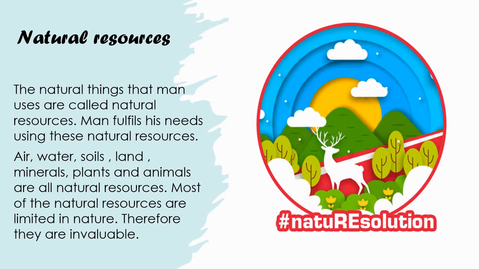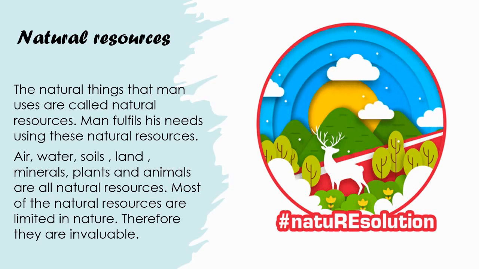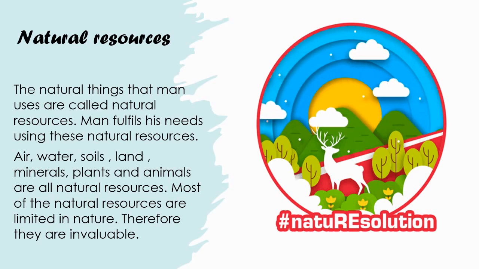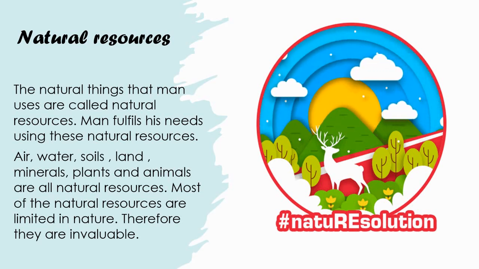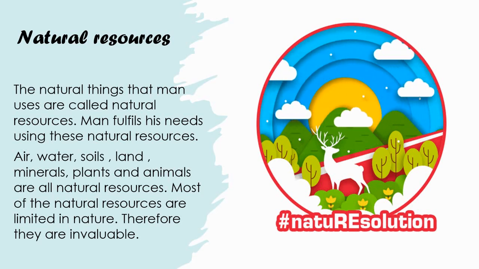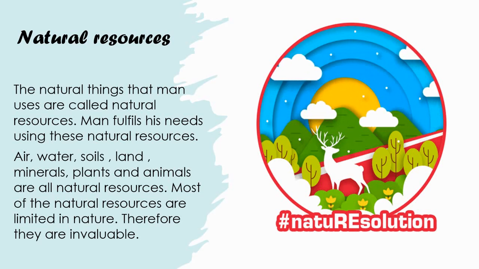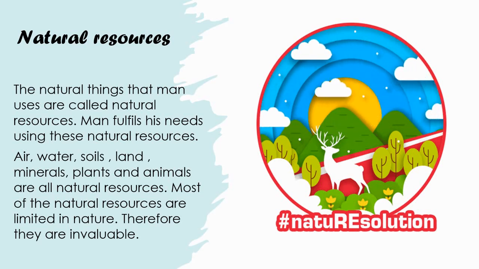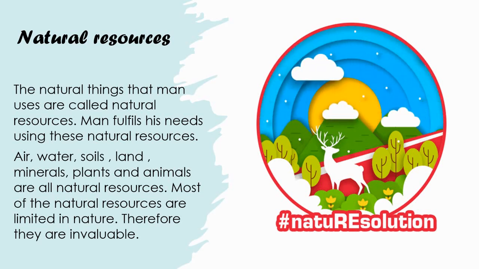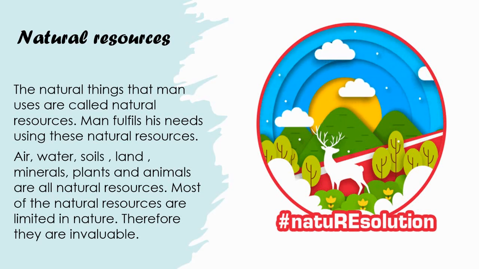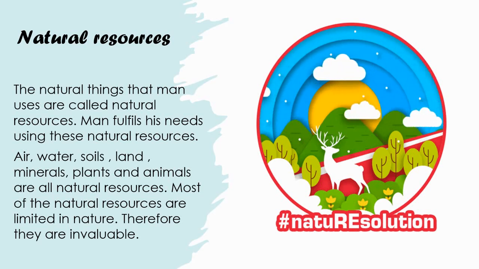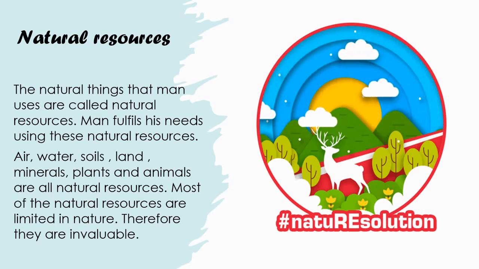And shelter, even if we live in concrete houses, we definitely use water, we use wood, we use different furnitures or different things that are necessary, and they all are acquired from nature. Air, water, soils, land, minerals, plants and animals are all natural resources.